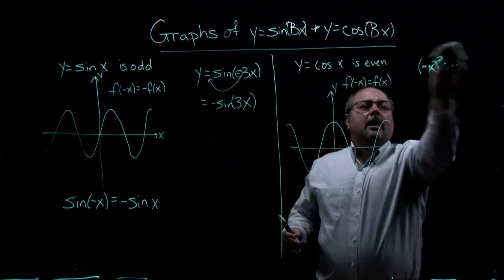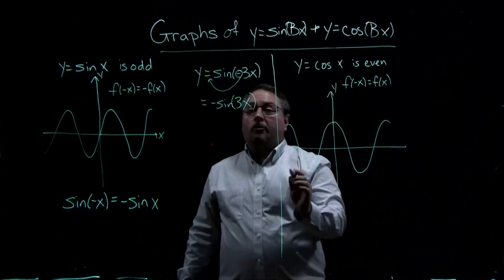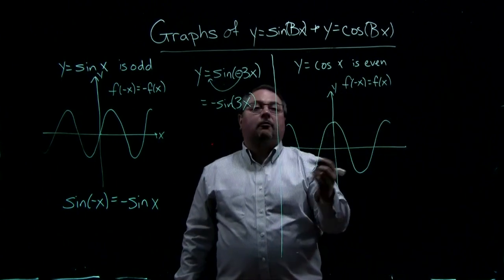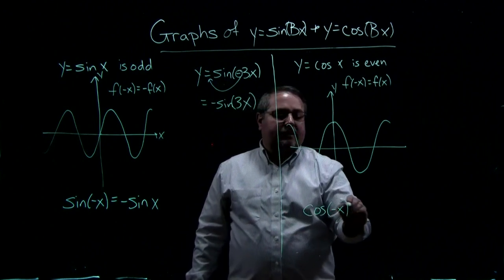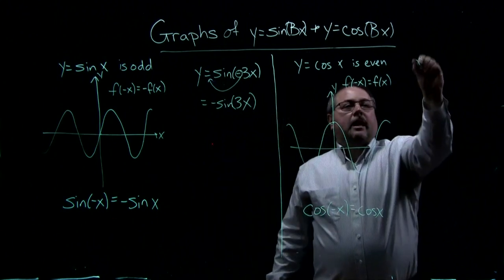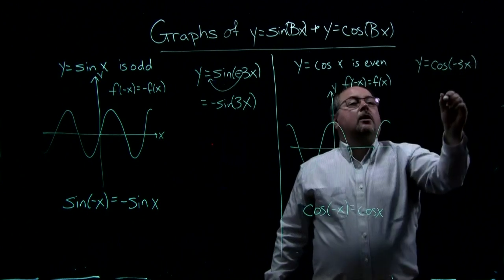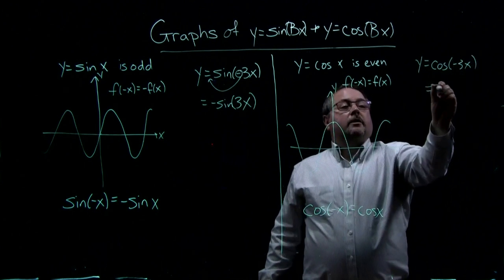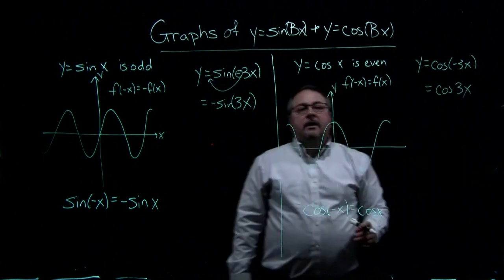So what this means for us is that when you are multiplying the x inside a cosine by a negative, you can get rid of the minus sign. So cosine of negative x is equal to cosine x. For example, if we wanted to graph y equals the cosine of negative 3x, we can use the even property of the cosine and say this is just cosine 3x.